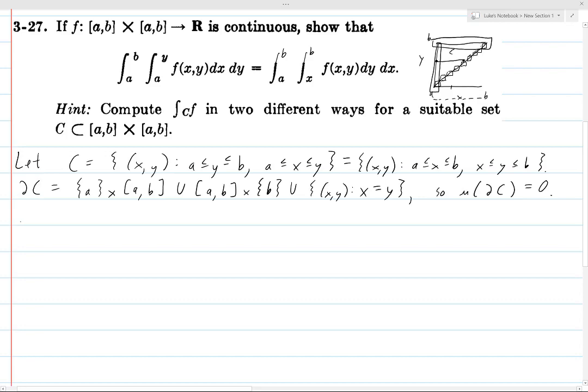So let's just prove this. The measure of this set is 0 because, let's call this C1, the measure of C1 equals 0.